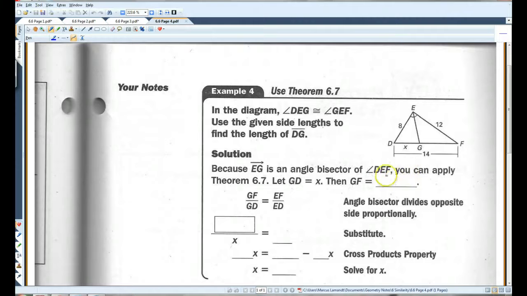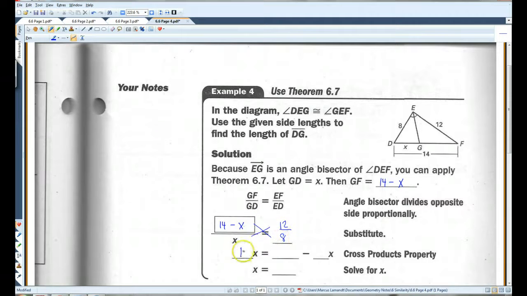GF is going to be 14 minus x. Okay? So GF over GD, GF is 14 minus x, and GD is x. EF and ED, EF is 12. ED is 8. So here we can cross multiply.